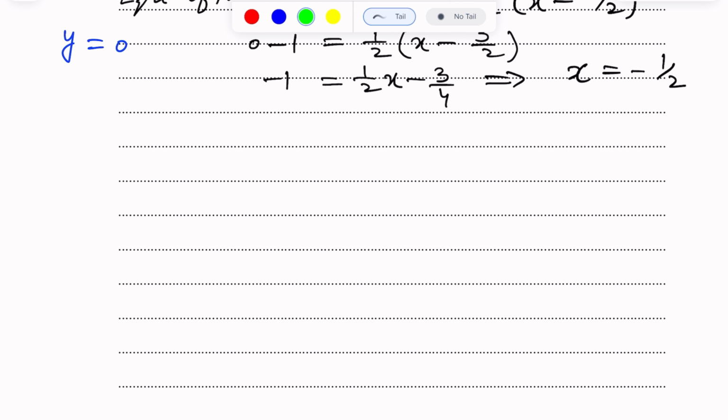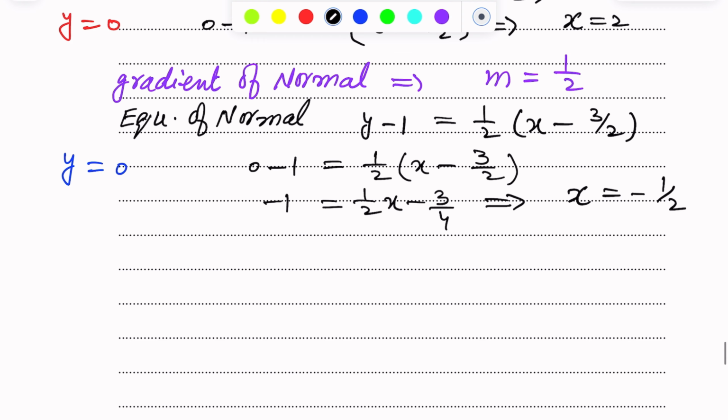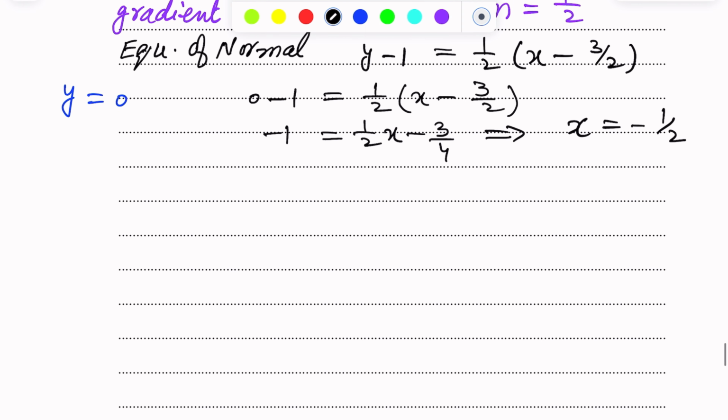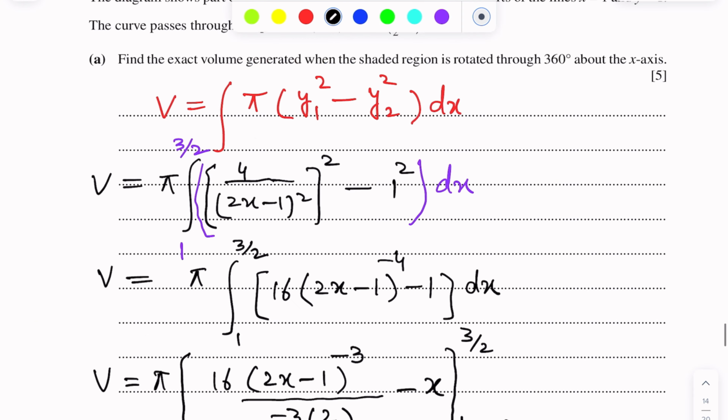Now we are finding B dash B by using the distance formula, writing here the points.